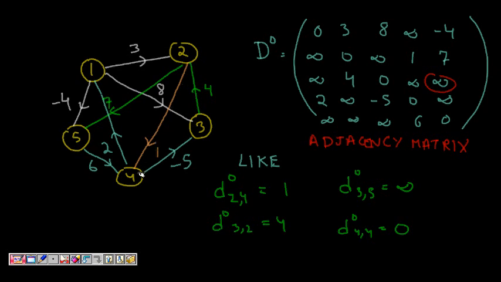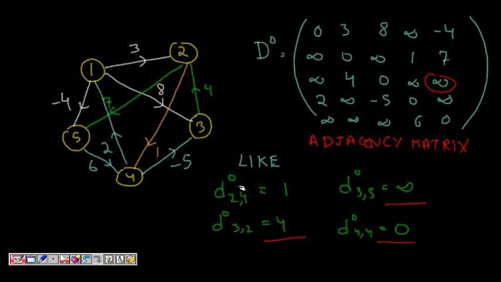Yes, 2 to 4 is connected, its value is 1. So D0 2,4 is 1. Similarly D0 3,2: 3 to 2 is connected and the weight is 4. Similarly D0 3,5: 3 to 5 is not connected, and since I am not choosing any intermediate node, its weight is infinity. D0 4,4, as I am already at that node, will be 0.